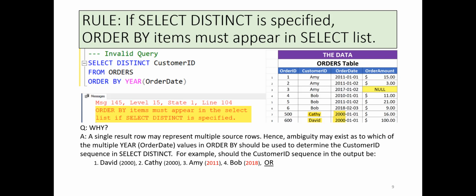For example, should the customer ID sequence in the output be David, Kathy, Amy, then Bob? Or should it be David, Kathy, Bob, and then Amy? Or one of several other possible sequences based on which year value you pick for Amy or Bob.